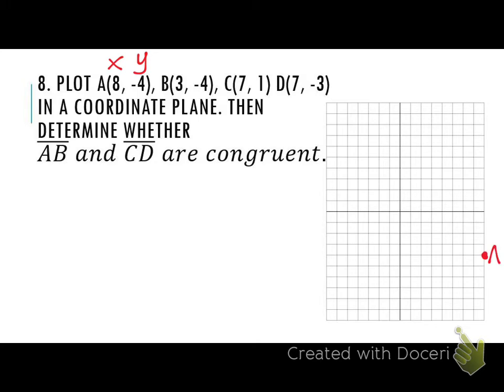And then you want to label it A. B, the X is 3, so from the origin I'm going to go to the right, 1, 2, 3, and then I will go down 1, 2, 3, 4. These make a segment, yes? So go and connect them.